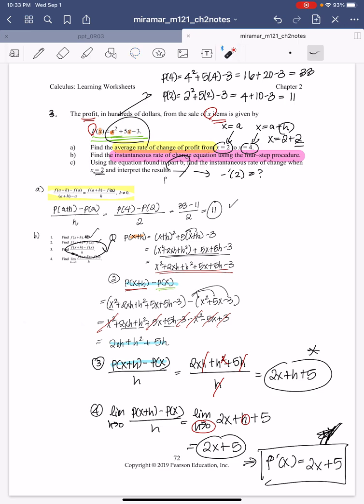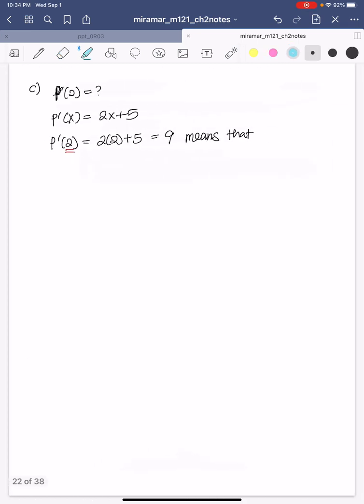It is p prime of x, the rate of change. So you have to say your profit is increasing at a rate of $900 per item, not that the profit is 900. Profit 900 would mean it is just p of x. But we plugged it into p prime of x, so it is very important to say increasing at a rate of 900 per item. So let me write that out.